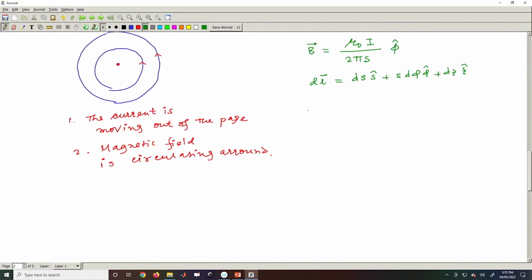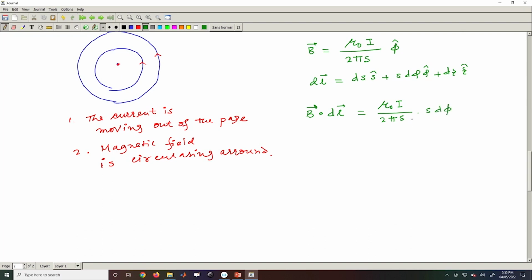If I want to find out B dot dl, then we can see that the contribution of dl should be along this phi, and eventually we have mu 0 I divided by 2 pi s and then s d phi.